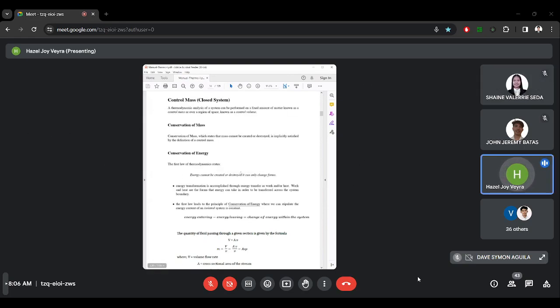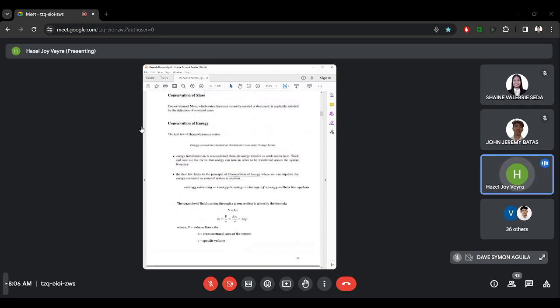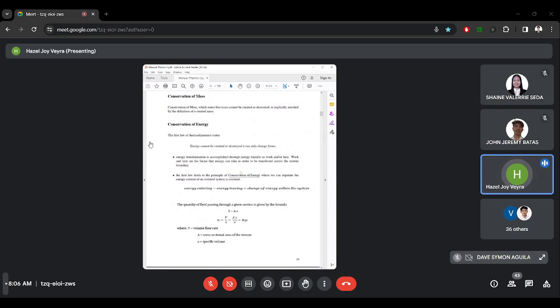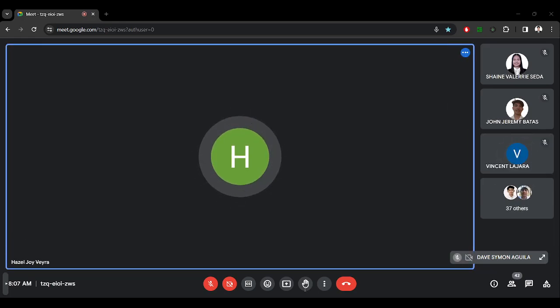So, punta na tayo sa conservation of energy, or this is already the first law of thermodynamics. So, first law of thermodynamics states that energy cannot be created nor destroyed. It can only change forms. So, to better understand, mag-create tayo ng diagram.